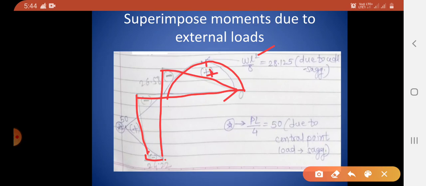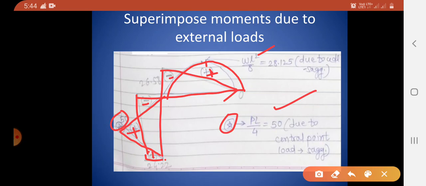And for column part AB, the central point load was acting, therefore the bending moment diagram for the central point load is triangular with this ordinate. What is this ordinate? PL by 4. This value is due to the central point load. Again it is sagging, therefore plus.